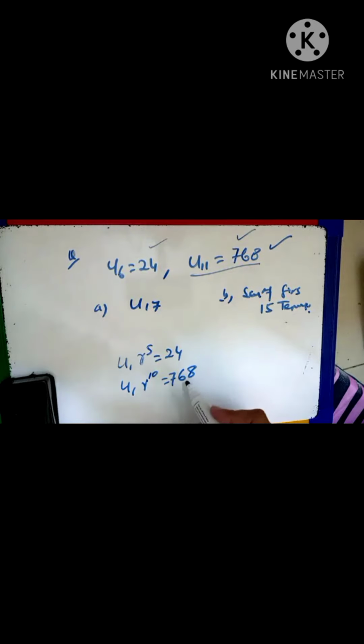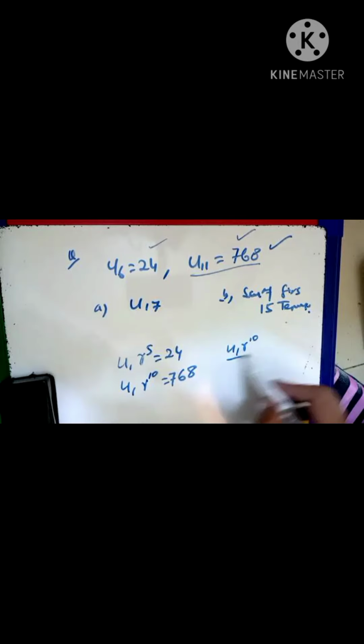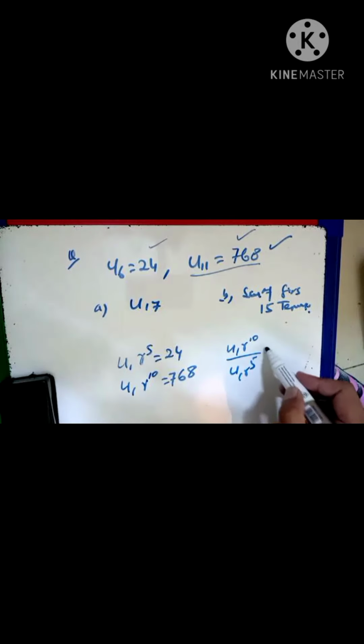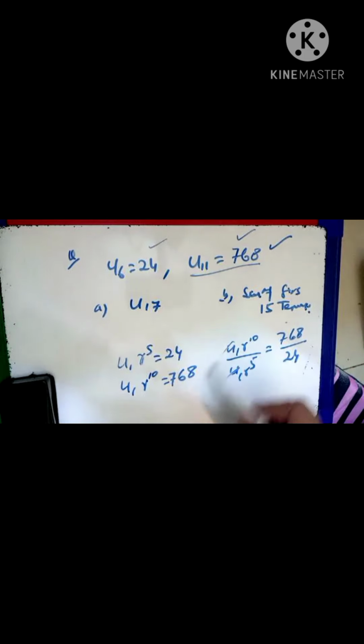So when you put this one up and this one down, U1 R^10 over U1 R^5 equal to 768 over 24. So U1 cancels, and when you divide, can you use the calculator and tell me what the right side is after dividing? It's 32.